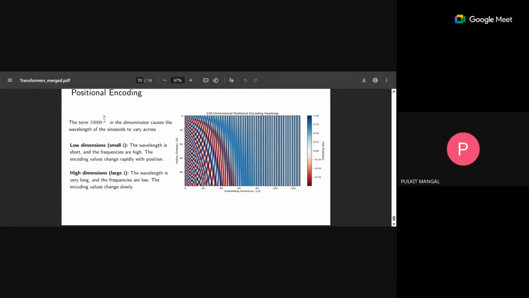But in the high dimensional case, the context window will be very high, so the wavelength frequencies will decrease, and the encoding values will not change that fast.